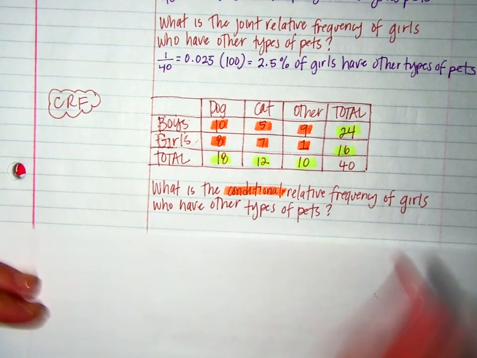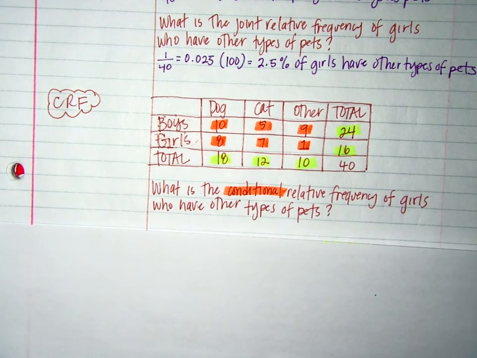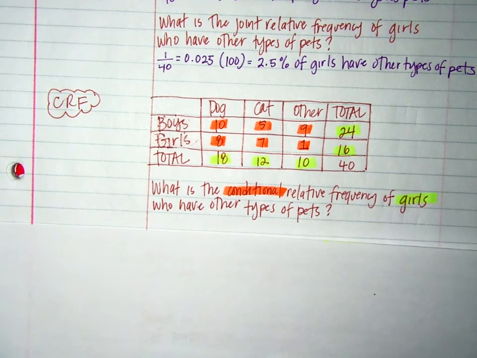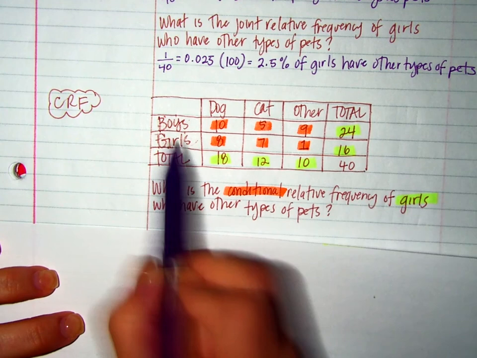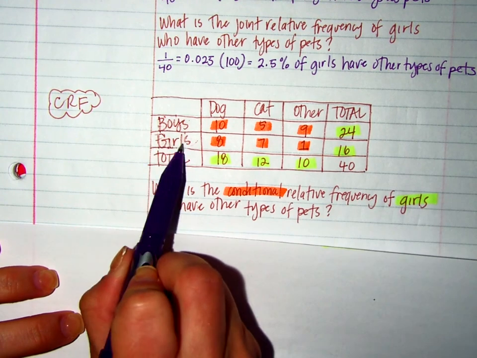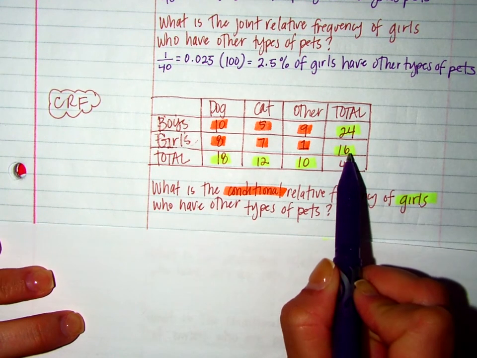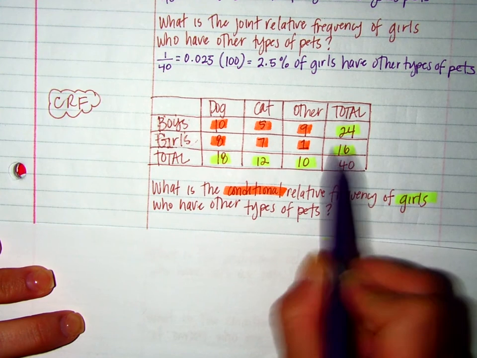And this is the word that gives it away for us, okay? Conditional. So my first category, the first thing they mentioned was girls. So you have to go look for your girl row, and then you need to look at the total number of girls that we had. And it looks like we only had 16 girls, okay?